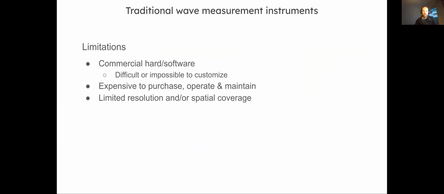They usually have either a limited temporal resolution or limited spatial coverage. And usually, because these instruments are very expensive, you don't want to get several of them for the same location. So it can be difficult to validate the measurements that you get from them.